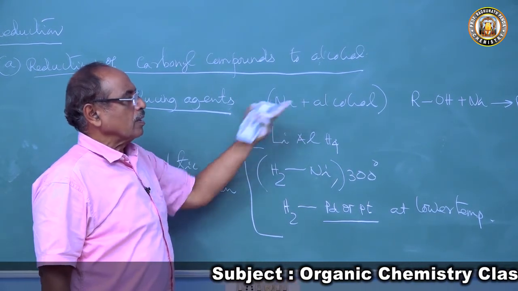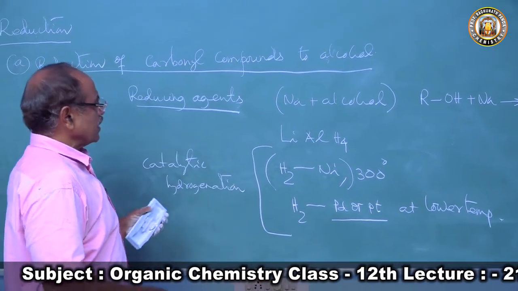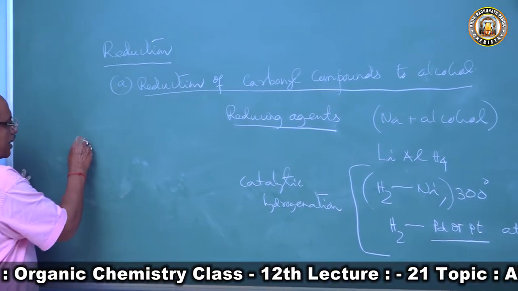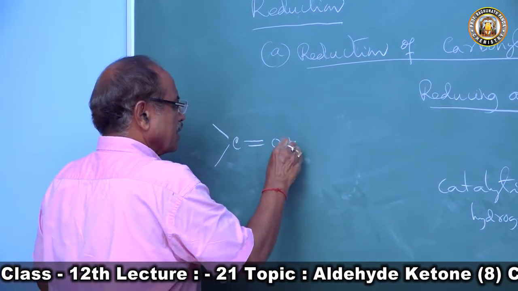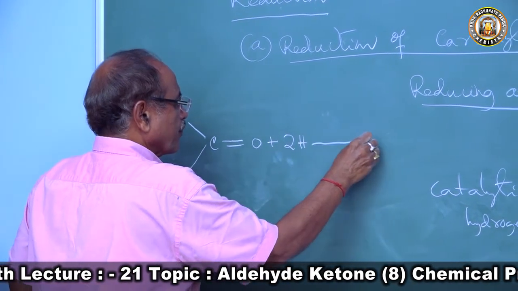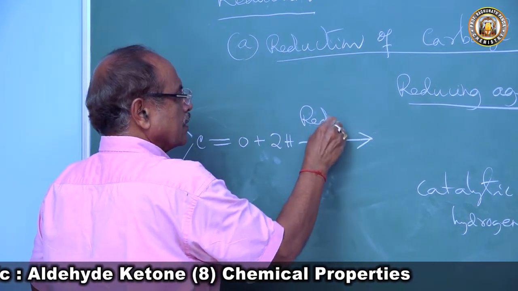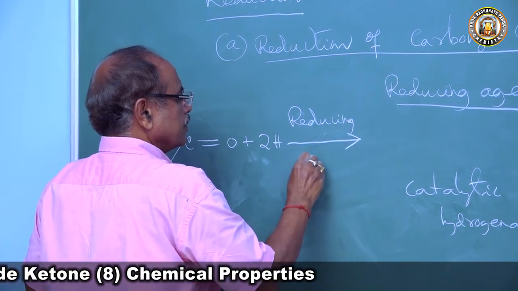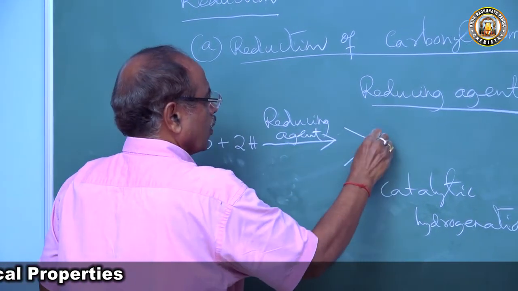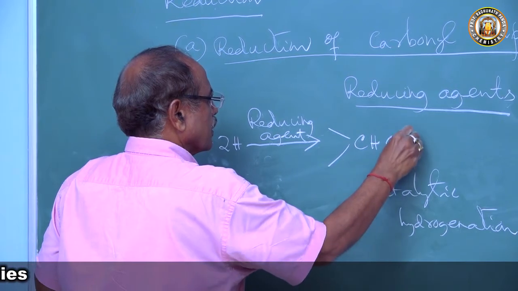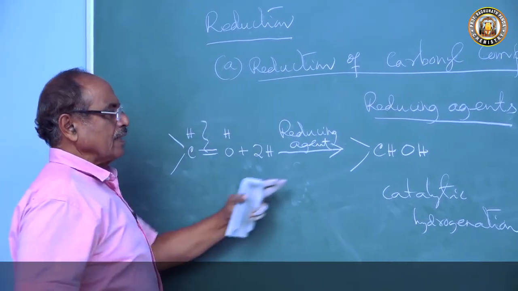And sodium and alcohol can also be taken to carry out the reaction. So in this reaction, what is happening? We take the carbonyl compound and two nascent hydrogens are added with the reducing agent. The pi bond breaks, H adds on this side and H on this side, and we get the alcohol.